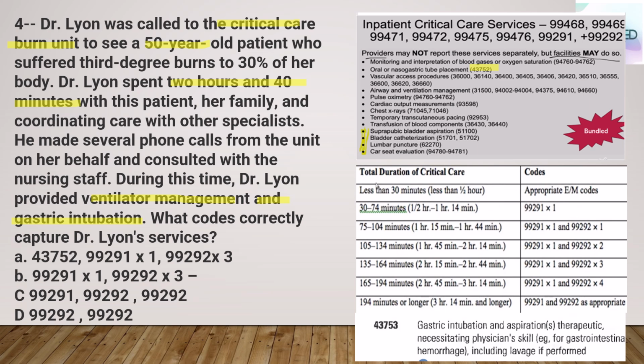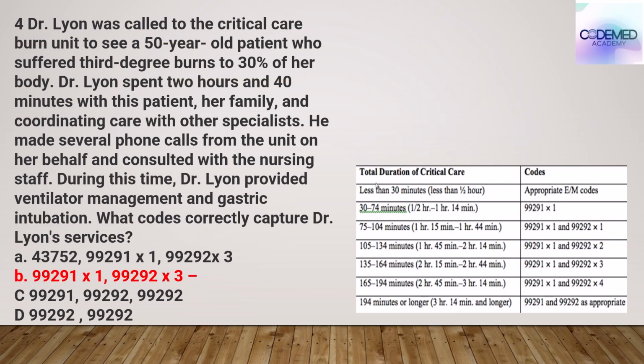Now let us see what our answer is. So 99291 and 99292 times 3 is what is required, because the doctor spent 2 hours 40 minutes. There was a direct and indirect service.